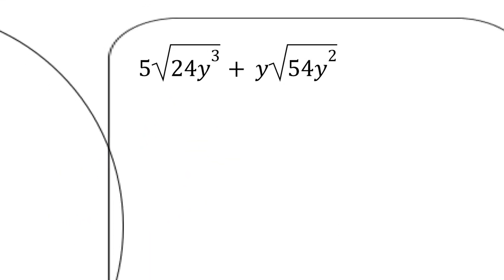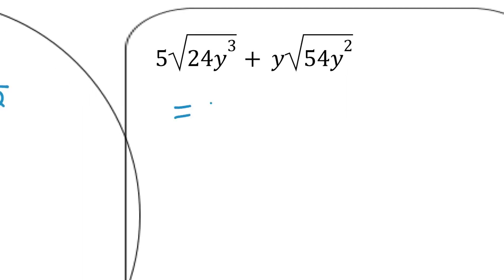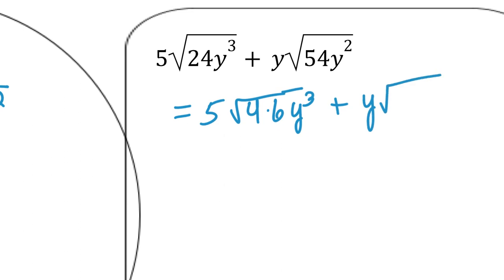Okay, here we go. Let's look at this one. This one right here is going to be what? This will be 4 times 6, y cubed, plus 9 times 6, y squared. So the one on the left, square root of 4 is 2, giving me 5 times 2 is 10.